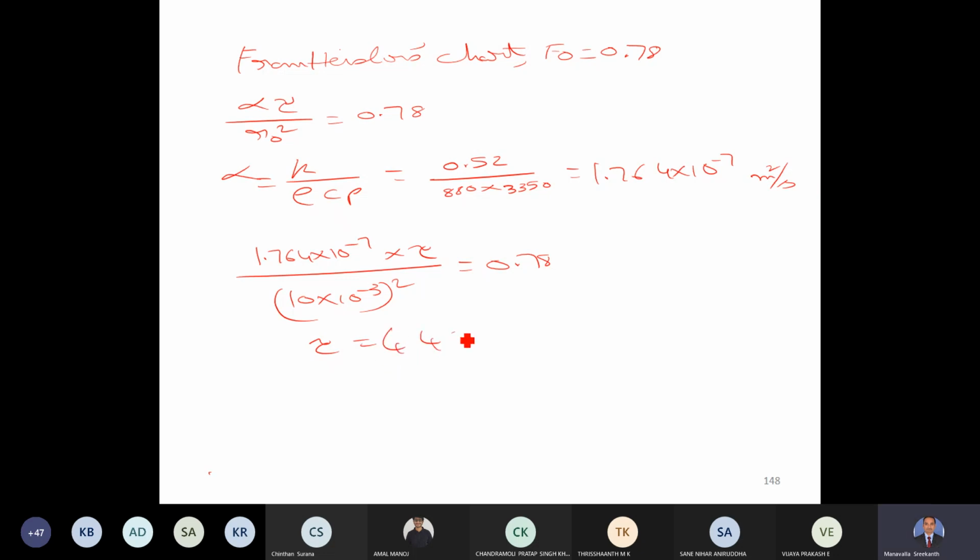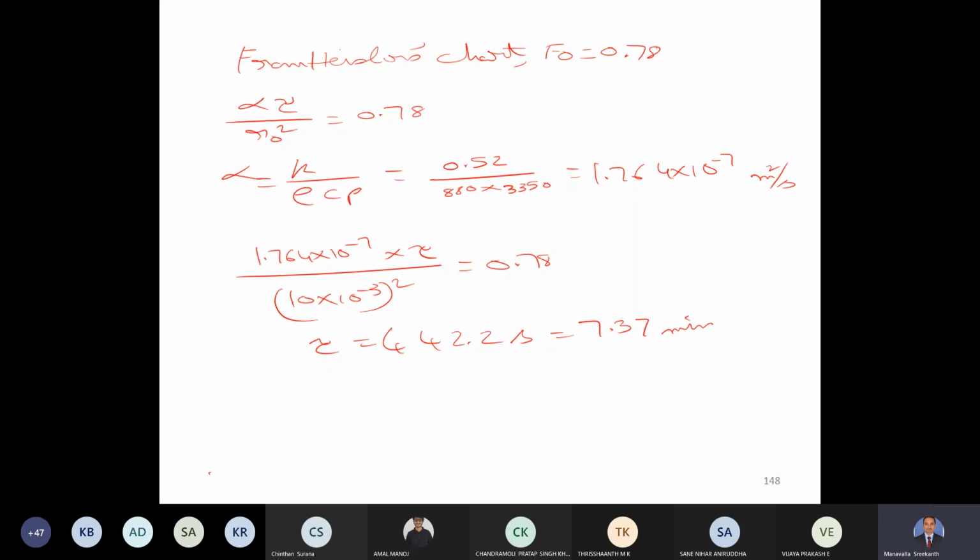Tau is 442.2 seconds. So usually we convert this to minutes. This is 7.37 minutes. Okay. So approximately 7.5 minutes.